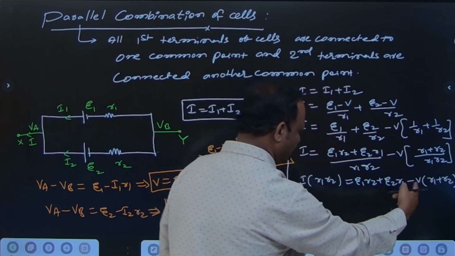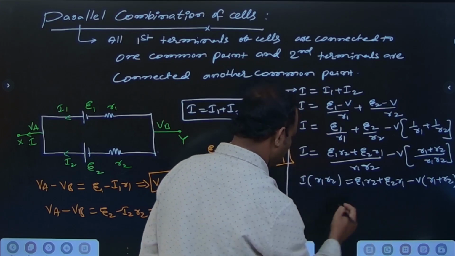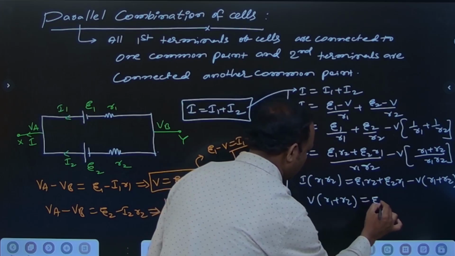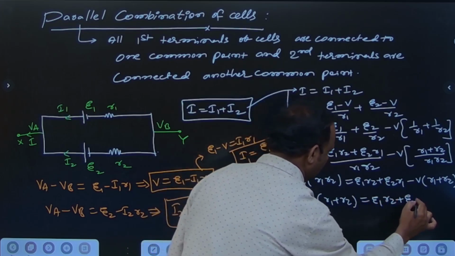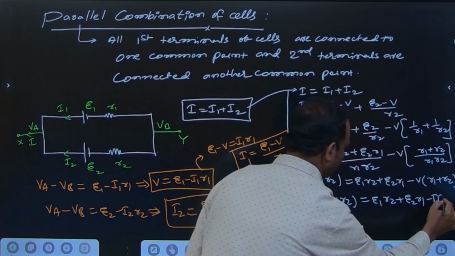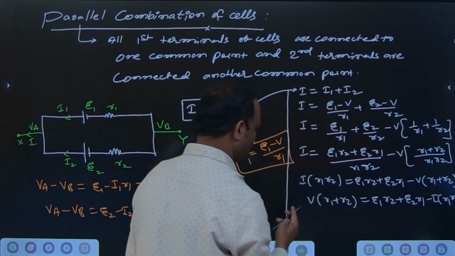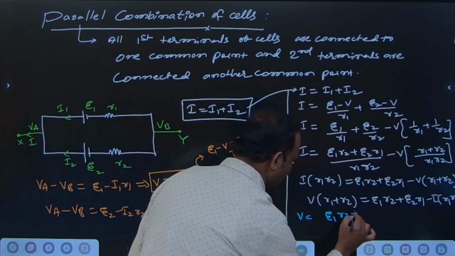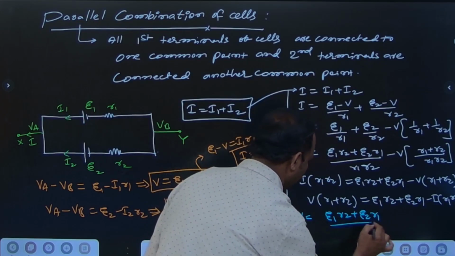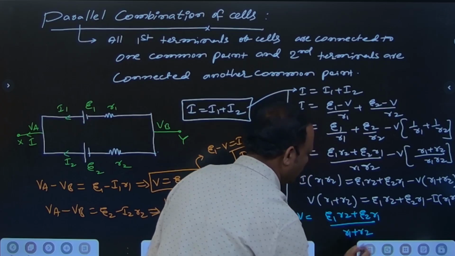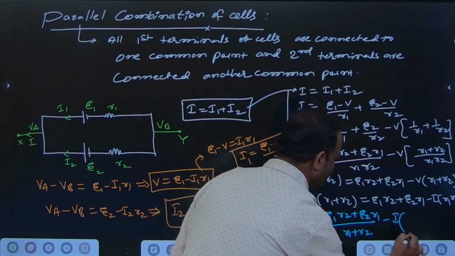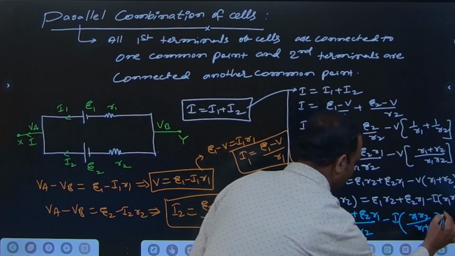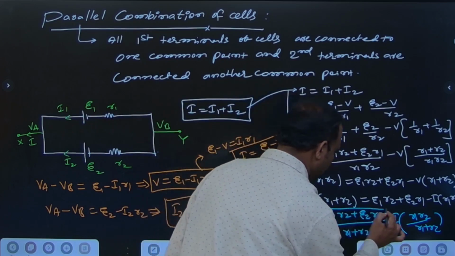Subjecting V, V times R1 plus R2 is equal to E1 R2 plus E2 R1 minus I times R1 R2. So V is equal to E1 R2 plus E2 R1 by R1 plus R2 minus I times R1 R2 by R1 plus R2.